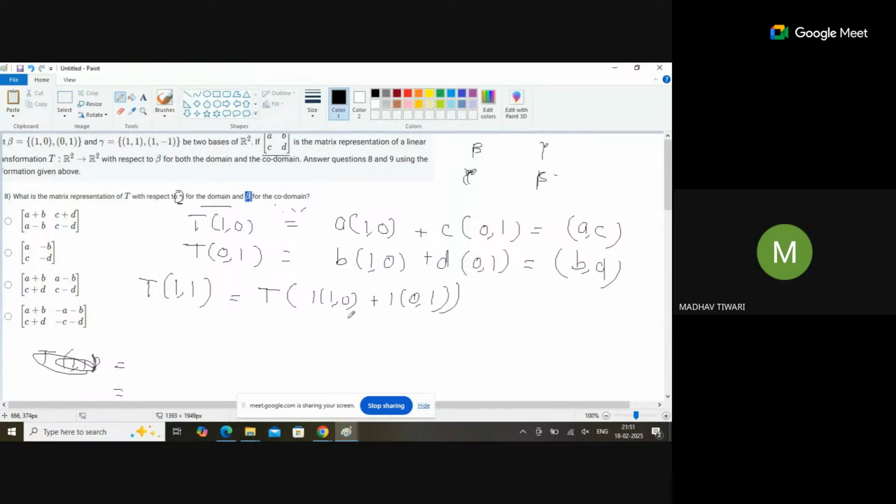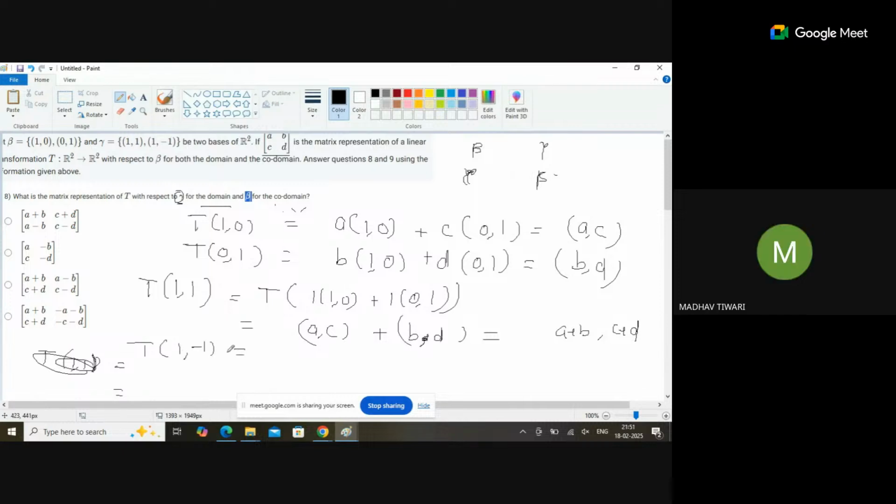If I do the transformation, I will get 1 times a comma c, and here I will get b comma d. So I got a plus b comma c plus d. Okay, next I do the transformation on 1 comma minus 1.